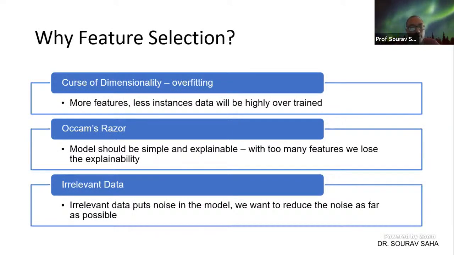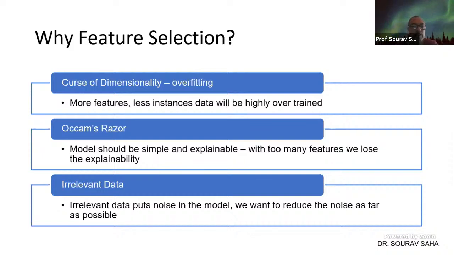We understood that if you have too many features and the data points are not very high, your model might end up overfitting because you don't have enough data to learn from. So more features and fewer instances of data will become highly overfit.